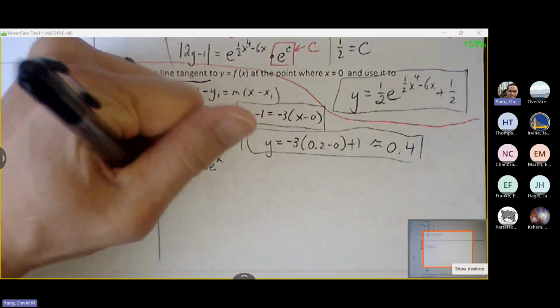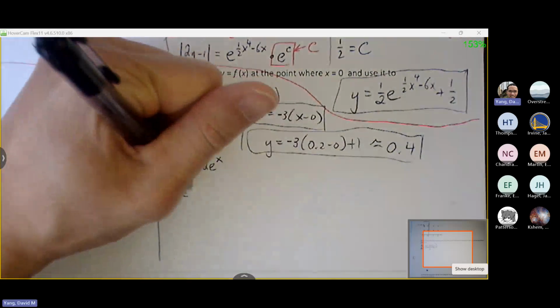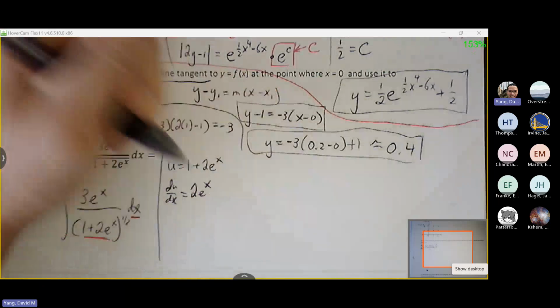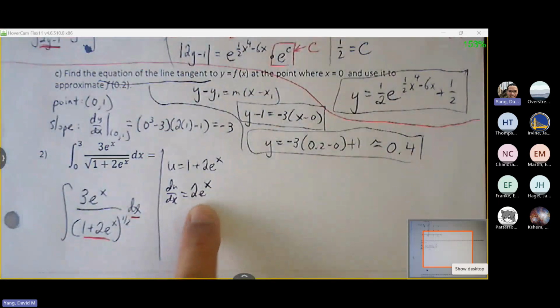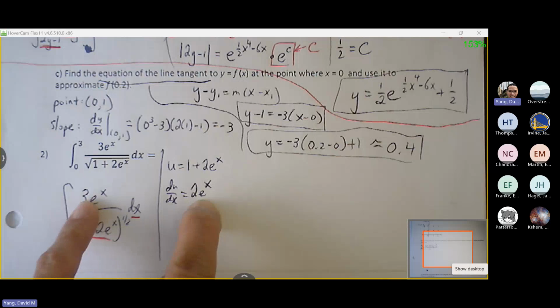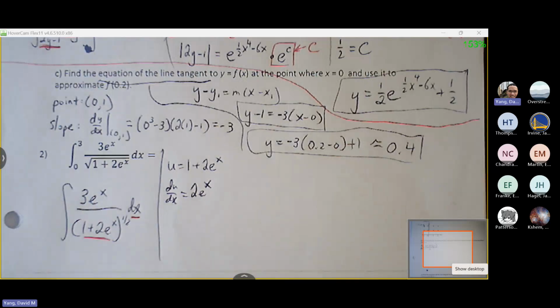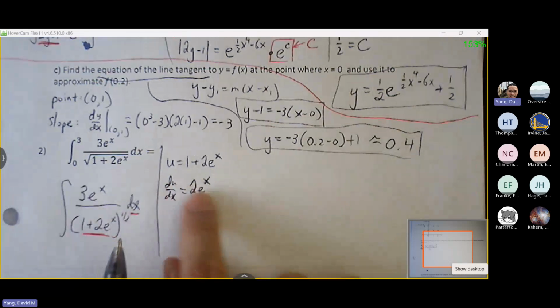Okay, du/dx. Again, you know you're on the right track if you can think about the derivative and see a version of the derivative elsewhere in the problem. If you see that pair, you should be able to tell whether things are going well, having that indication there. So this is a good sign, right?